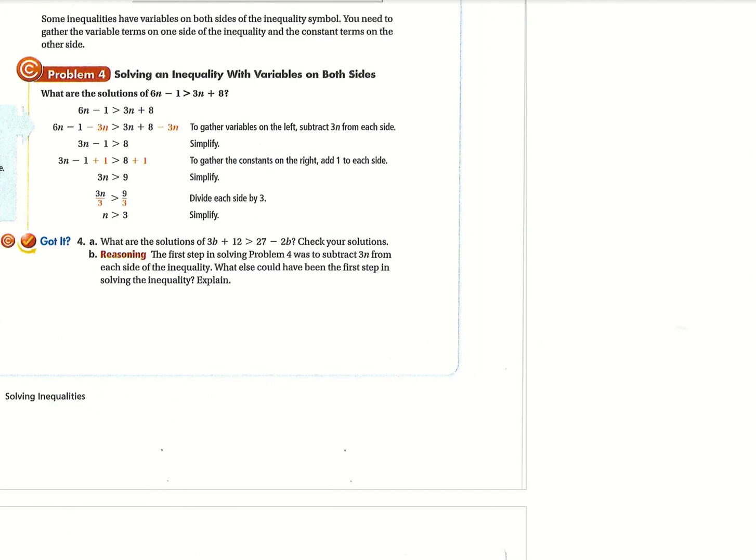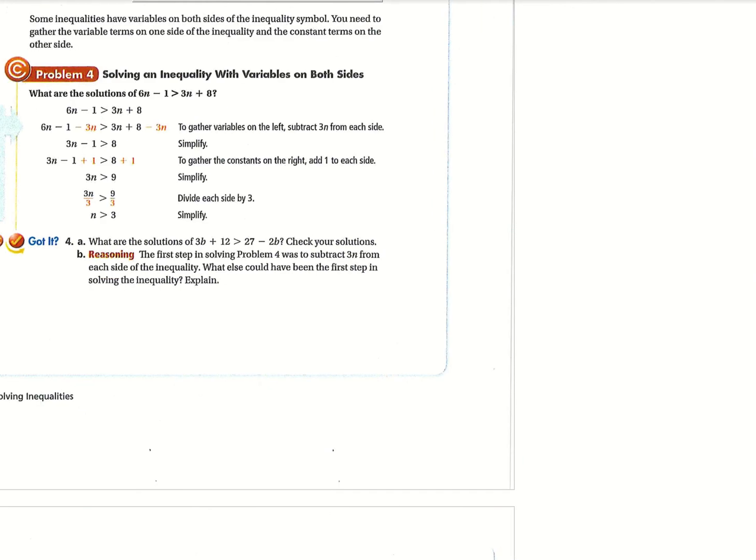All right, the next one we have is problem 4, solving an inequality with variables on both sides. So we're kind of, if you can tell, just going through a lot of the same stuff that we saw with equations. Now we're just working through them with inequalities. All right, so this one's pretty simple. We can start by subtracting 3n from both sides so that we can get the variable terms all on one side.